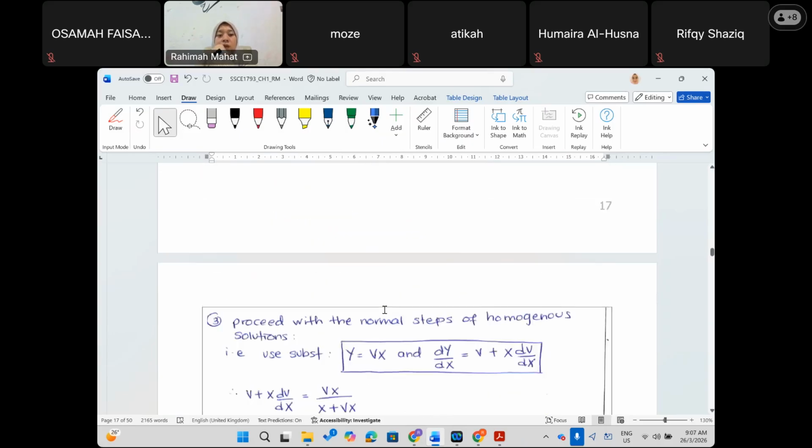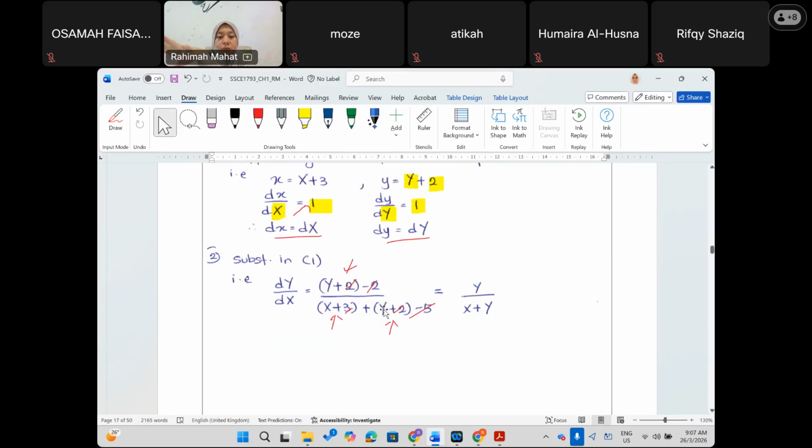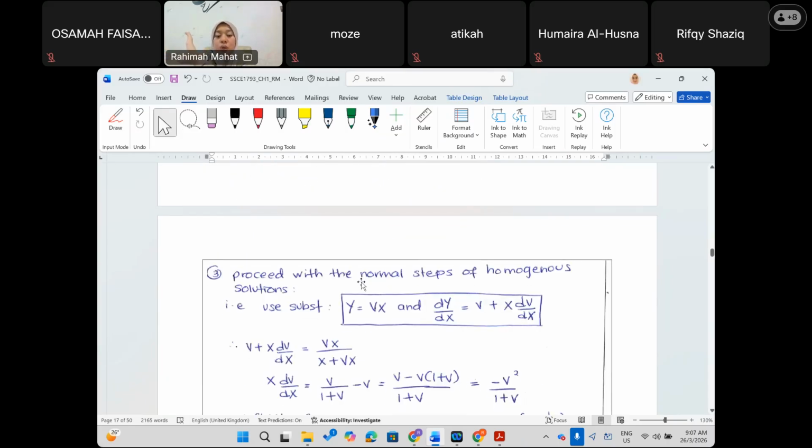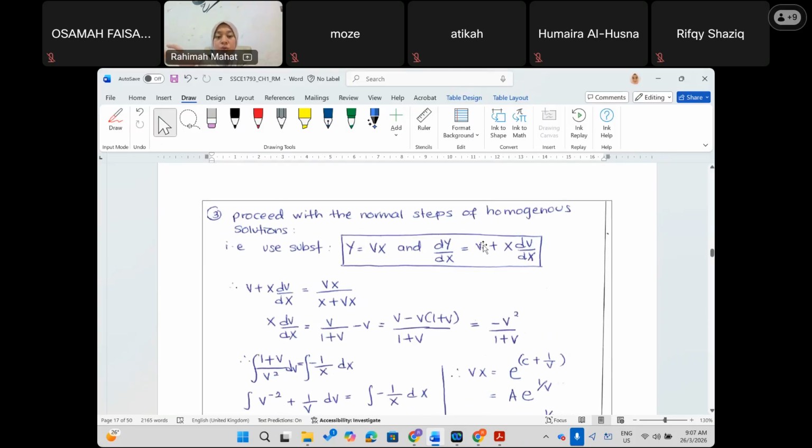After you do the substitution, you proceed with the normal steps of the homogeneous solution, where the homogeneous solution means that you need to use y is equal to vx and dy over dx.